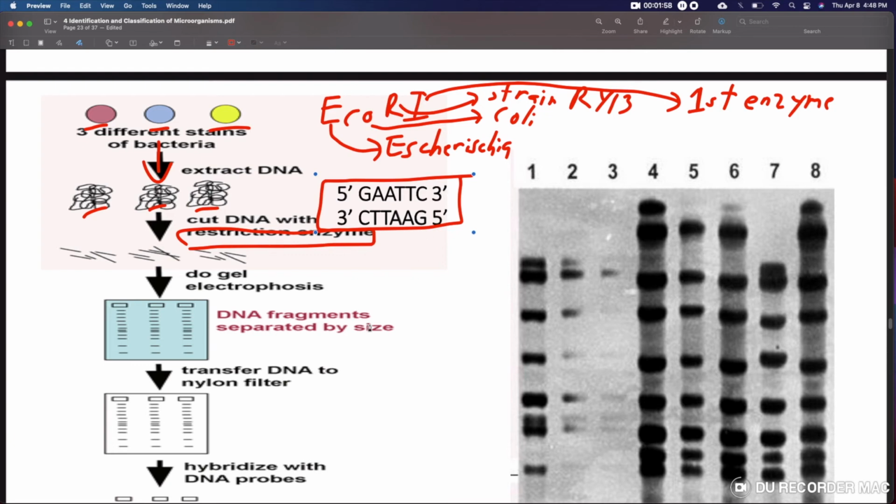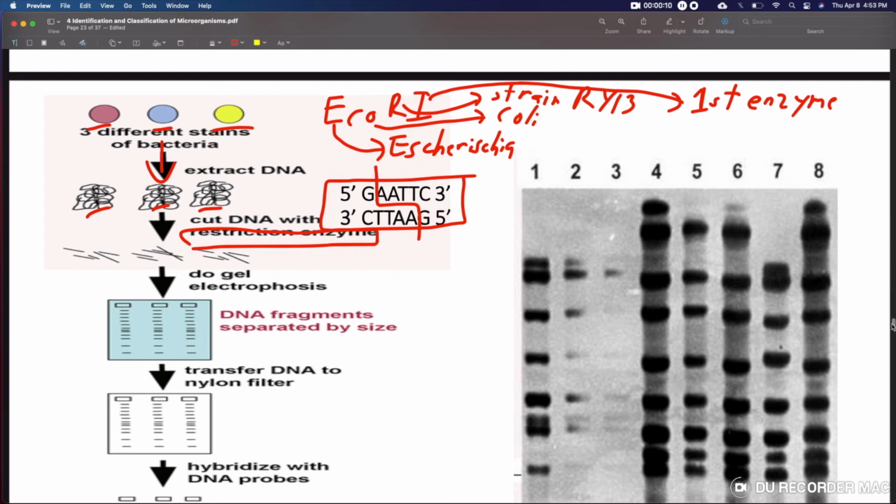So if EcoRI encounters GAATTC and the complement CTTAAG, it will introduce a cleave right here and there, a staggered cutting pattern on the DNA. So that's how EcoRI introduces a cut in your DNA.